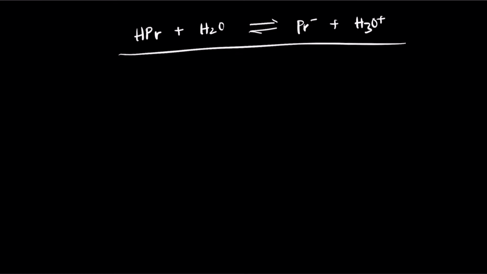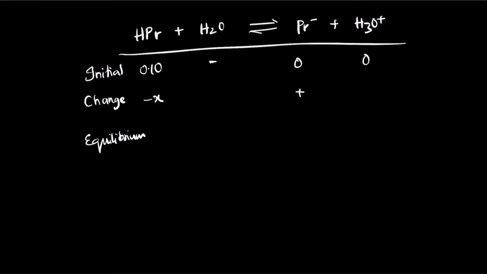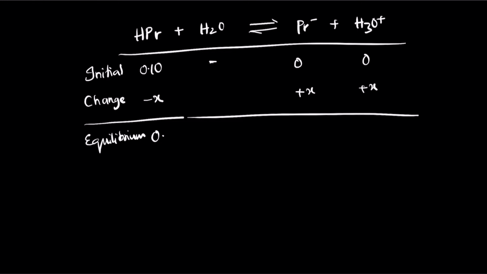If this is the reaction, then we have initial, change, and equilibrium. Initially there is a concentration of 0.10, and the products are 0 and 0. The change here is negative x, which means both of these become plus x and plus x. The equilibrium value is 0.10 minus x, and these become plus x and plus x.